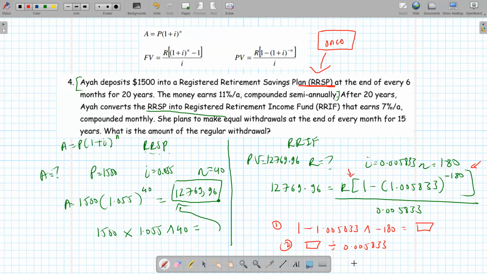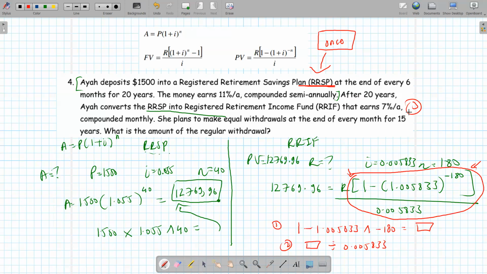I got 111.258. Okay, what do you think we do next? You divide? No. We see this entire thing is times R, right? This is what you do. Third step.